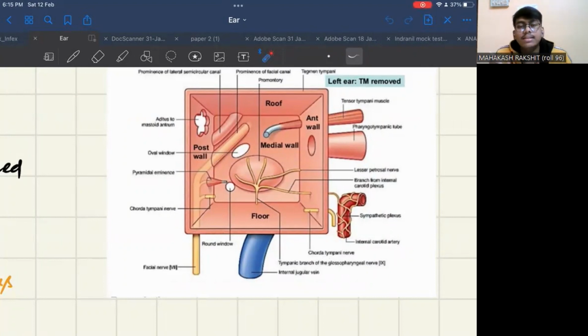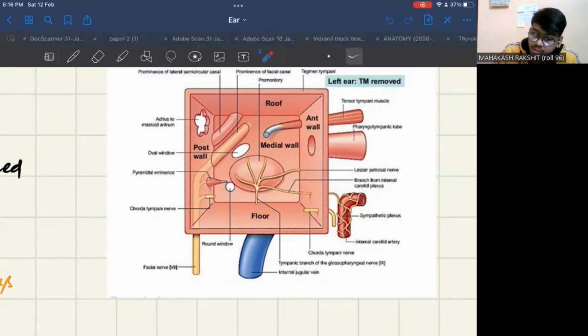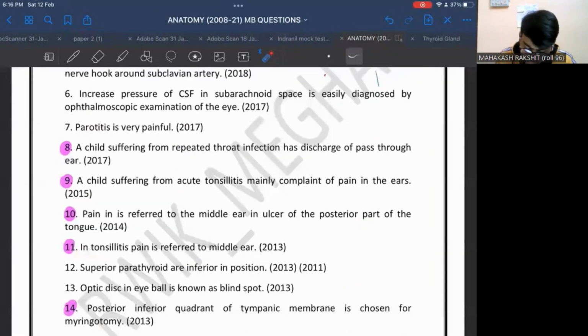On the promontory, there is a tympanic plexus of nerves, which supplies the middle ear cavity. This tympanic plexus is contributed by the tympanic branch of the glossopharyngeal nerve. As the middle ear cavity and the tonsils get the same nerve supply, the pain of the tonsillitis is referred to the middle ear cavity. Got it? This is a plain and simple answer, right?